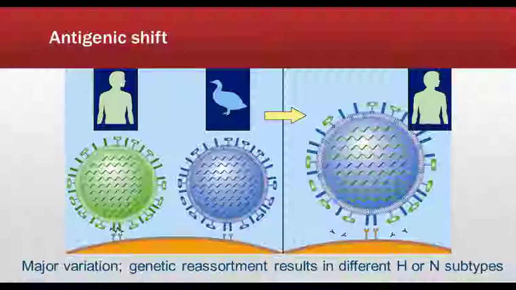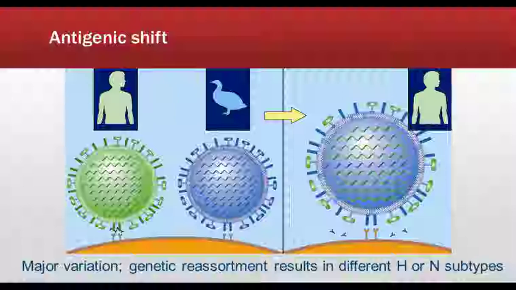So in cartoon form, you've got, as I've said, influenza A viruses that affect not only humans but animals, such as birds, including ducks. So you've got an influenza A virus that infects humans, an influenza A virus that infects ducks, and then the virus can reassort, oftentimes when it infects a common host such as a pig.